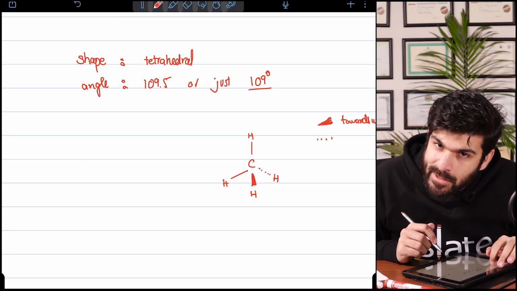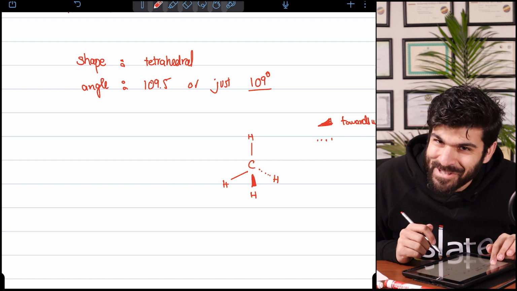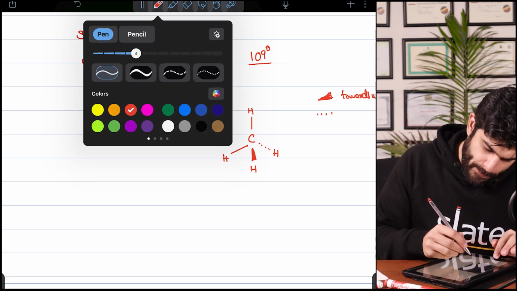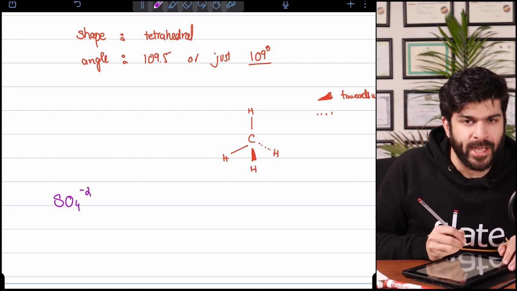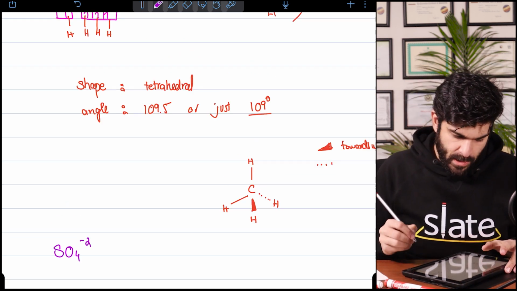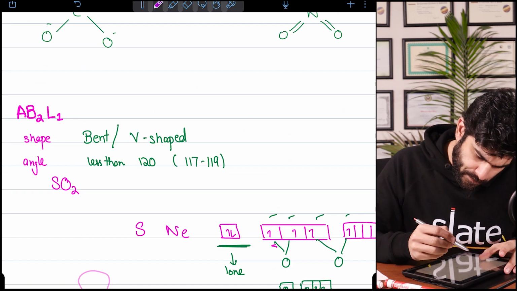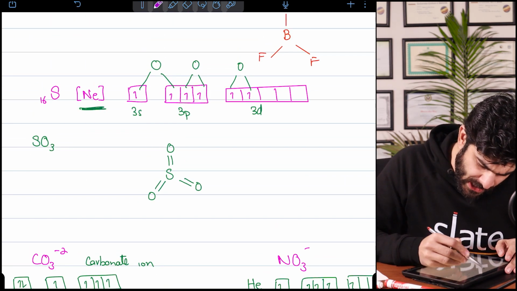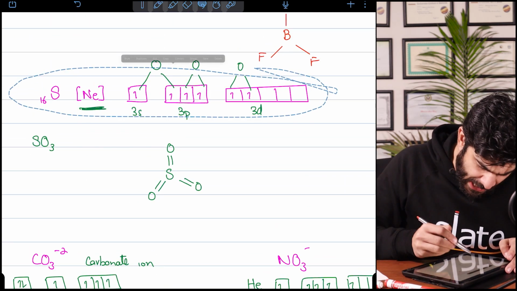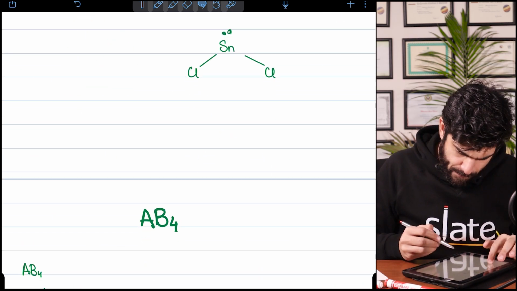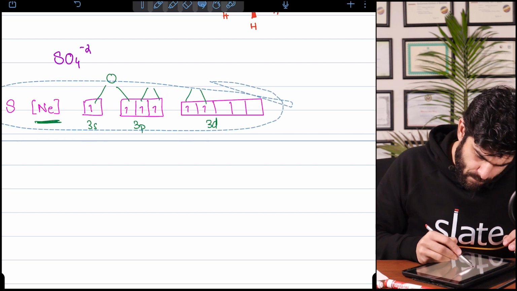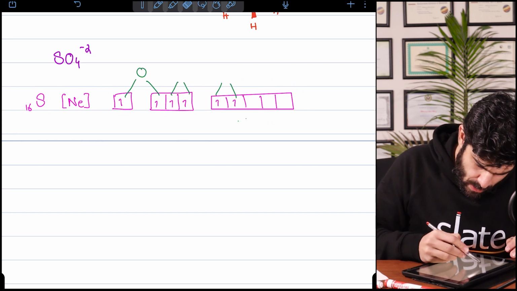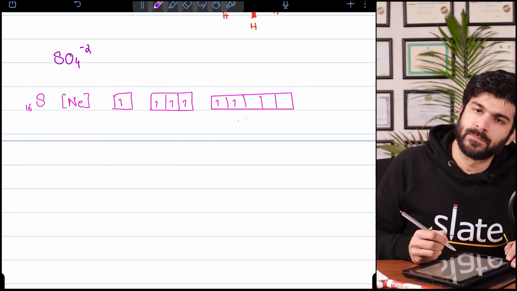But as I said, sulfur. Let's talk about sulfur again. A very famous ion, sulfate ion. For sulfate ion, sulfur will take the similar electronic configuration that it had here. No lone pair.